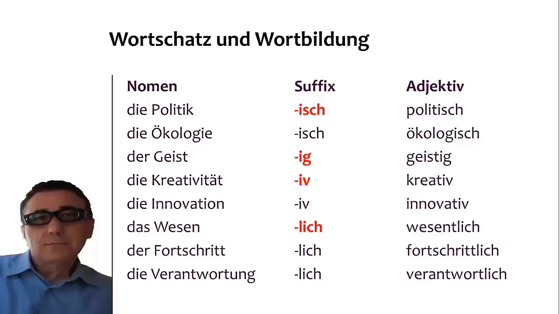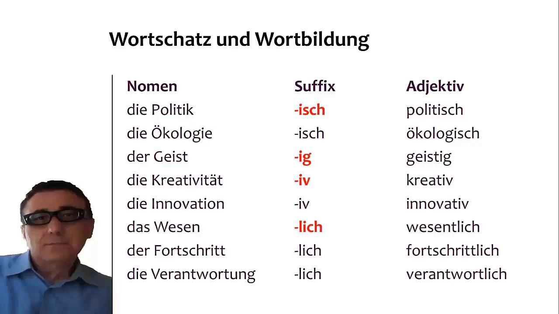The Politik is obvious. I don't need to translate it into English. Ökologie, ecology. Der Geist is spirit, like in team spirit. Kreativität is obvious, creativity. Innovation, obvious. Das Wesen means the essence, the core. Wesentlich means the essential, the most important part of something.